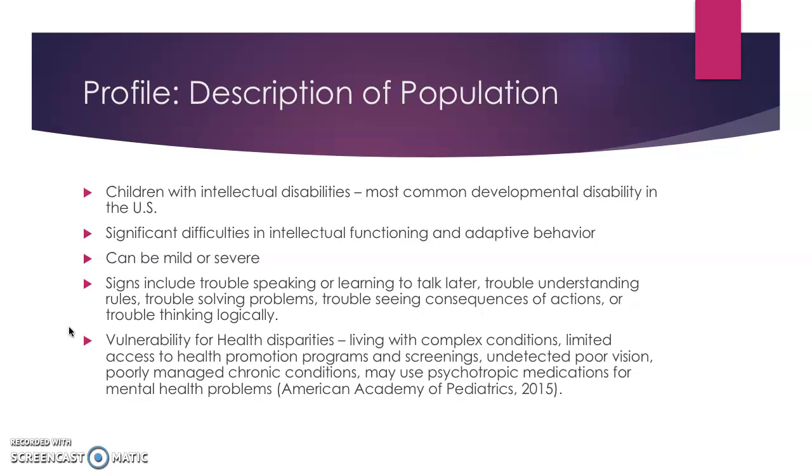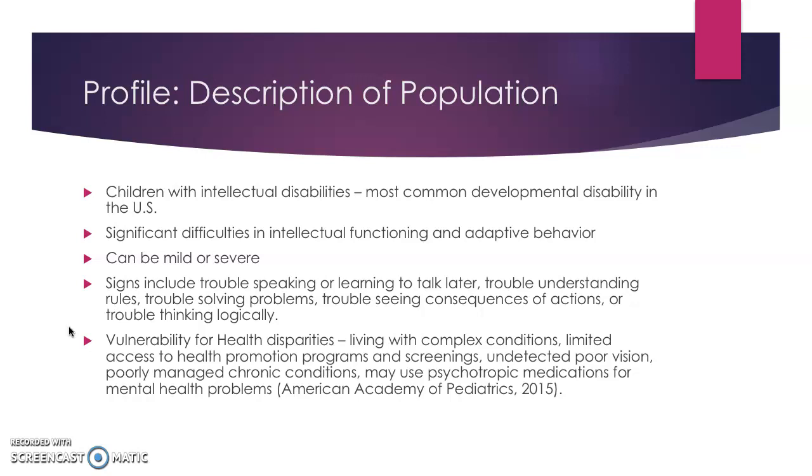So when identifying an intellectual disability, different signs include trouble speaking or a child learning to talk a little bit later than normal development, trouble understanding rules, trouble solving problems, trouble seeing consequences of actions, and thinking logically can be an issue as well.